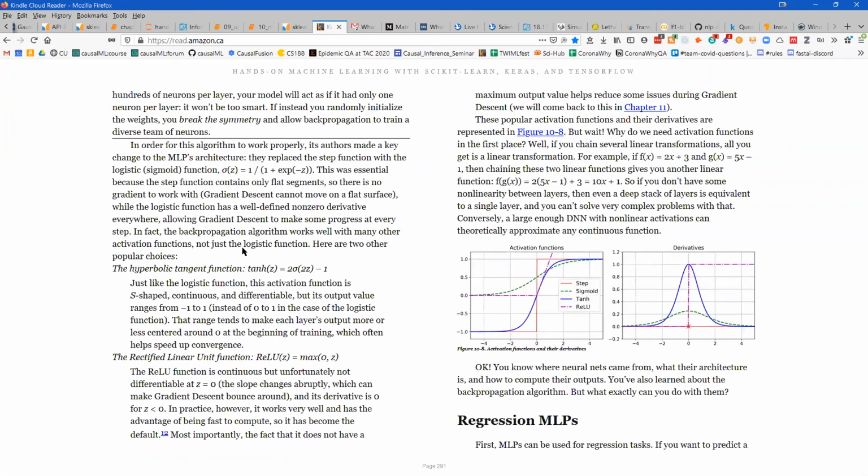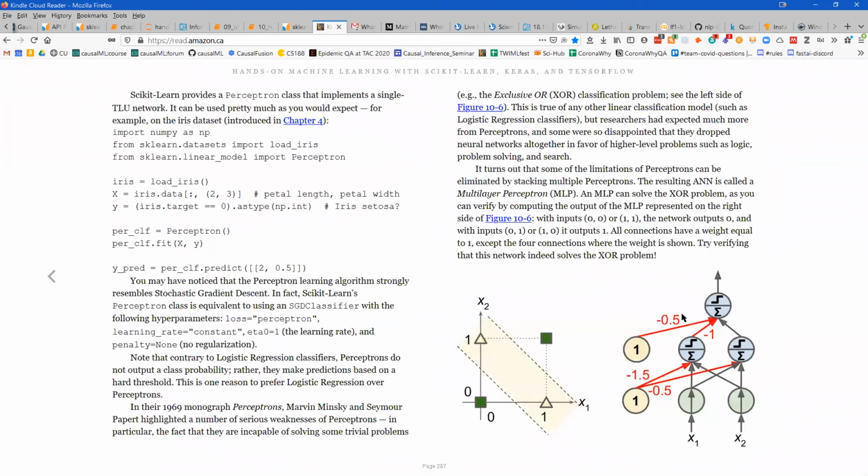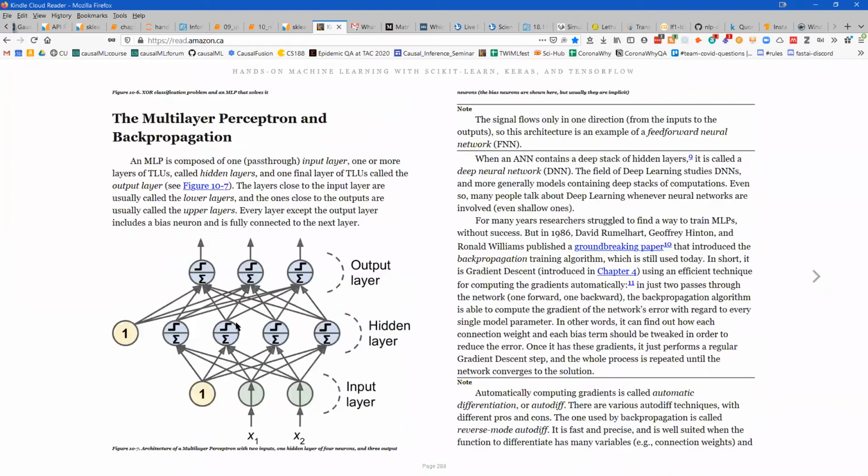Okay, so he introduces this multi-layer perceptron, and then he talks about backpropagation, which we've discussed. We're not going to discuss this in detail, but I'm thinking about going through a really nice appendix on auto differentiation, and I think that would be nice to go through as part of this chapter. So we might be able to have time to go through that in the future.